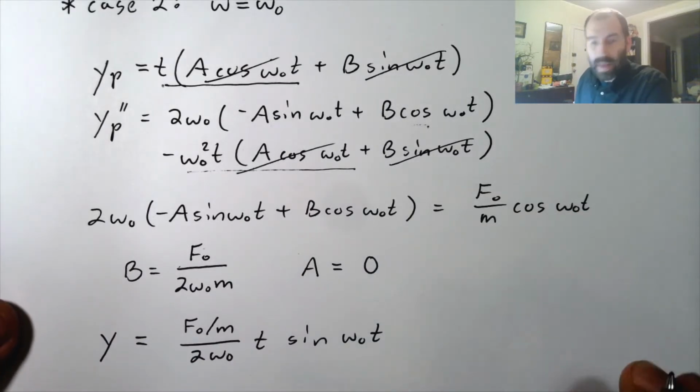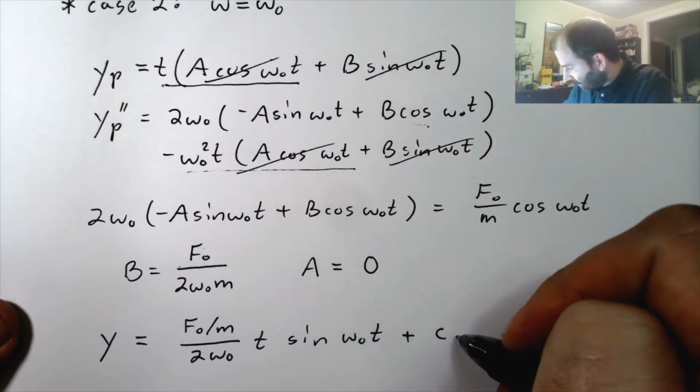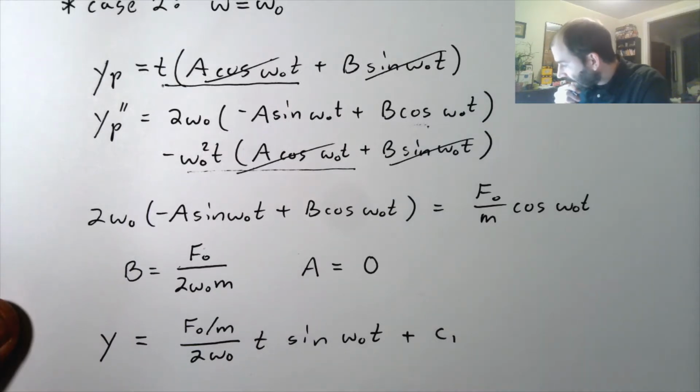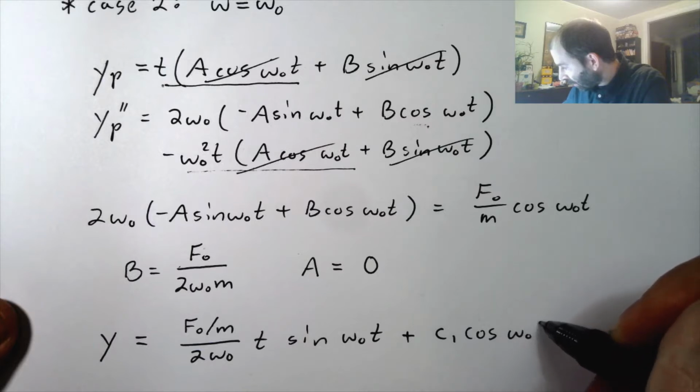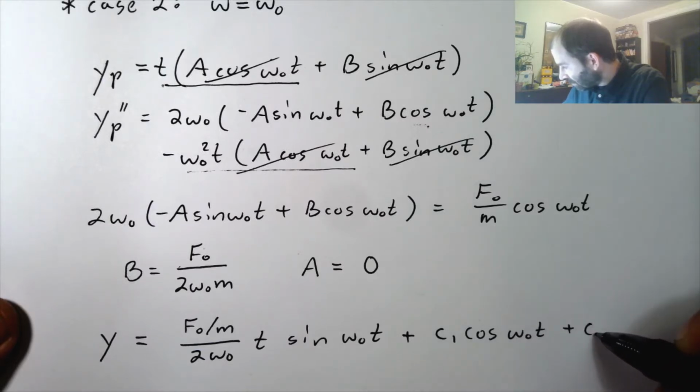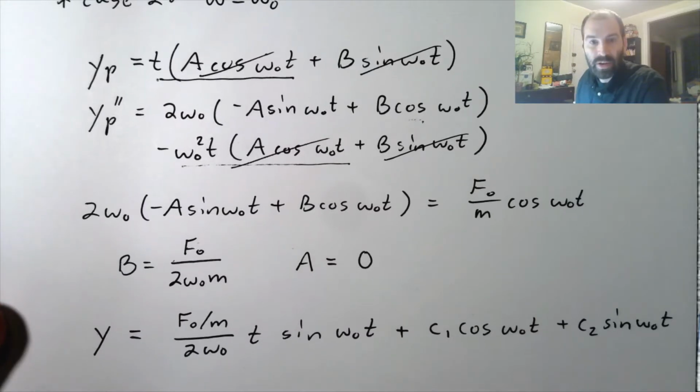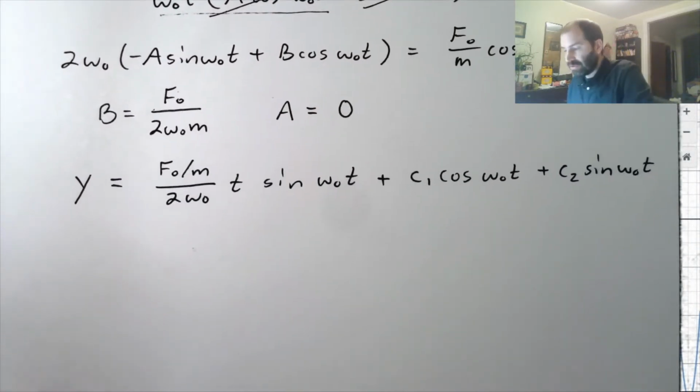And then I need to add the complementary pieces. So we have C1 cosine omega naught t plus C2 times sine omega naught t. And there we have our full general solution.